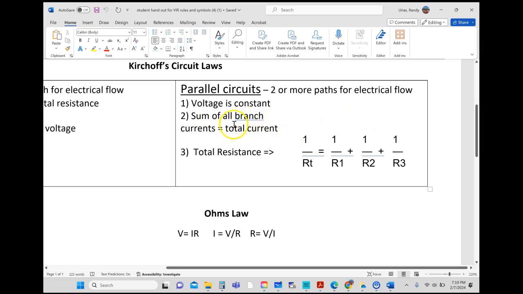We add those up, and they should equal the total current. Then total resistance is this funky little reciprocal where we take 1 divided by our first resistor, 1 divided by our second resistor, and 1 divided by our third resistor, and then we divide 1 by that total to get our total resistance. A couple more steps, but the math is still pretty simple.